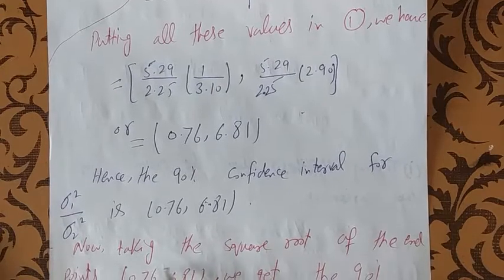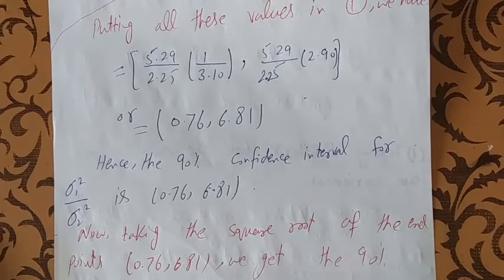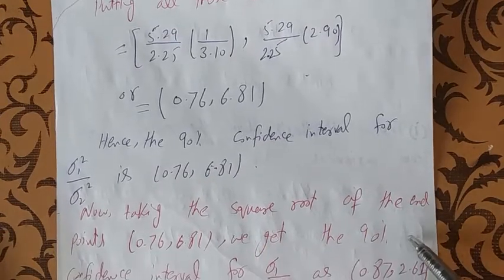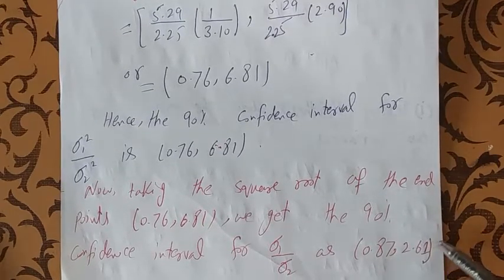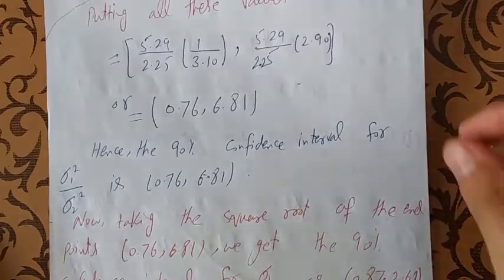And now taking the square root of the end points, 0.76 and 6.81, we get the required result, which is 0.87, 2.61. Hopefully you understand this topic.